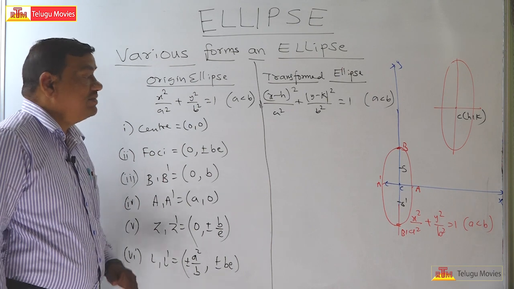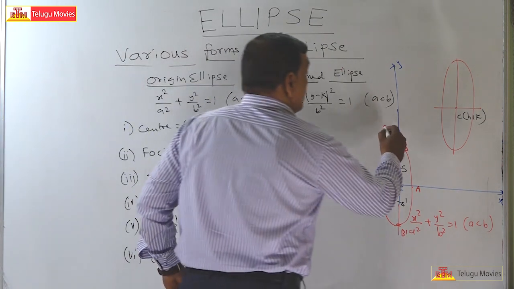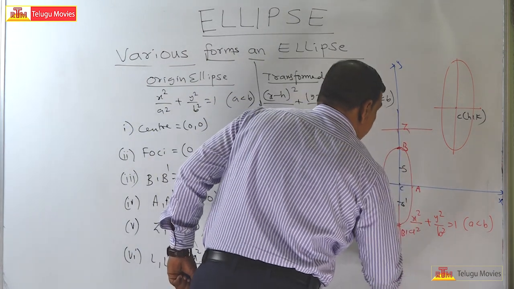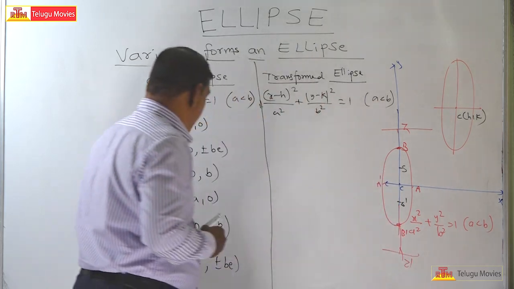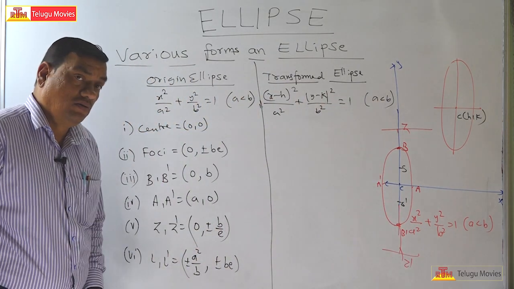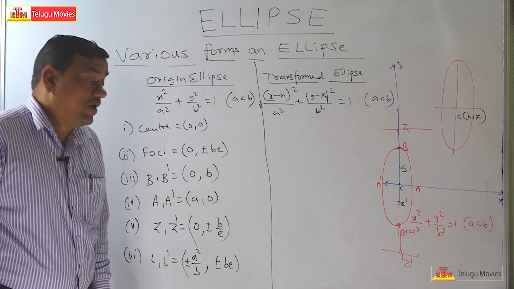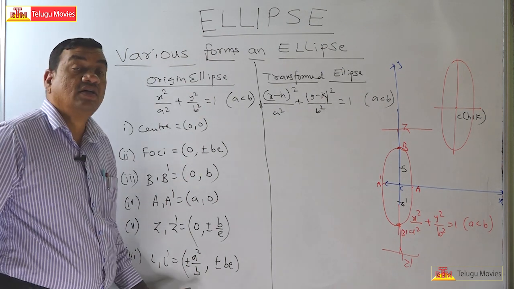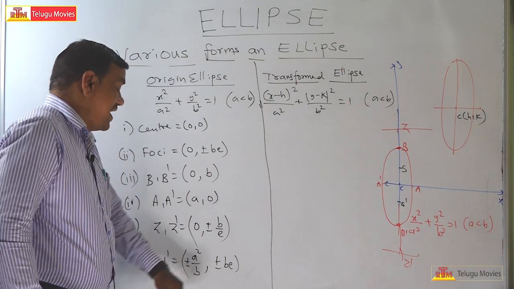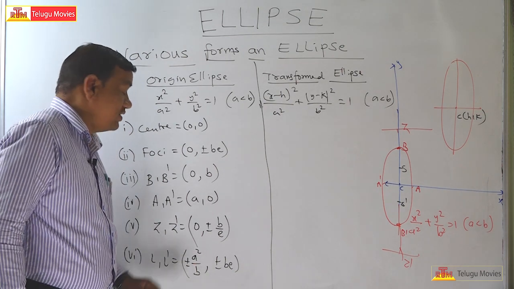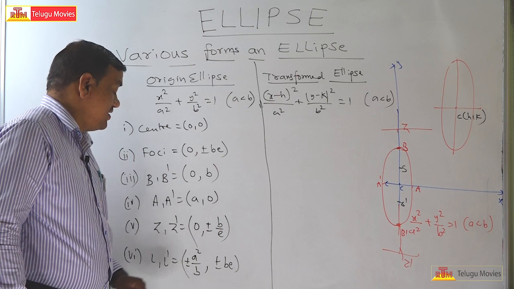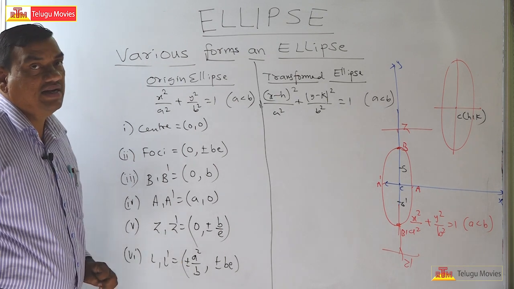Z and Z dash are the feet of the perpendicular, given by 0 comma plus or minus b by e, because it lies on the y axis. And LL dash, the end points of the latus rectum, are plus or minus a square by b comma plus or minus be.